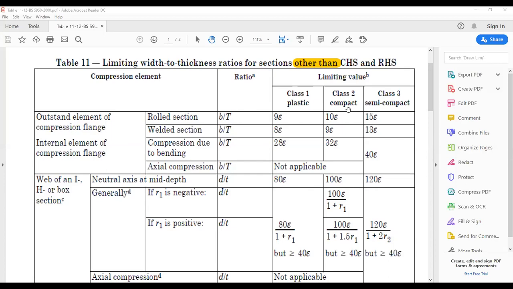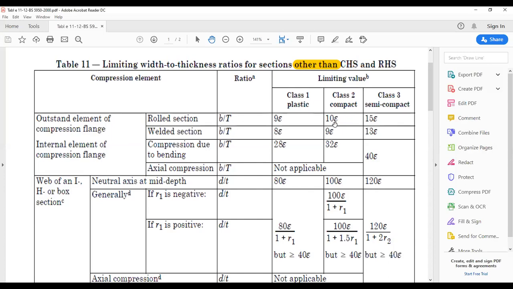Again, if you find the same ratio is greater than 10 multiplied by epsilon, but less than 15 multiplied by epsilon, your section will not be plastic, will also not be compact. Instead, it will be semi-compact. Okay?